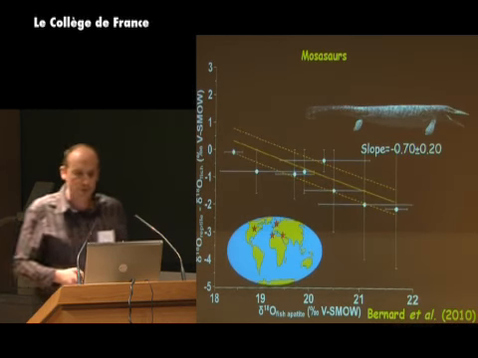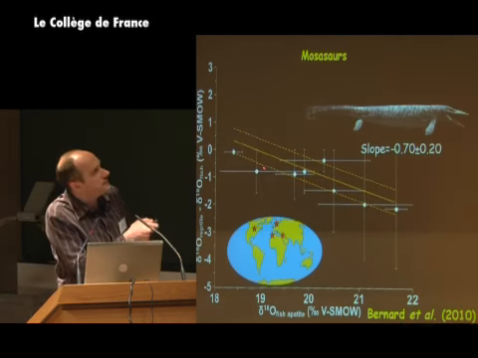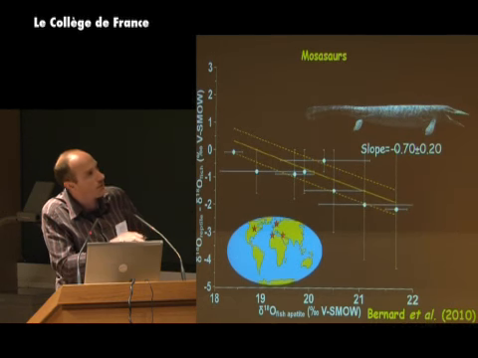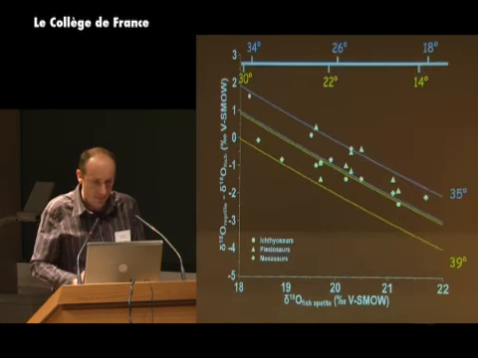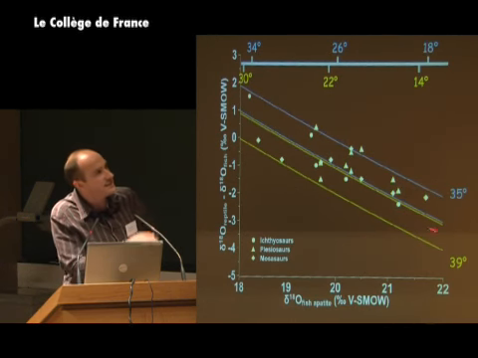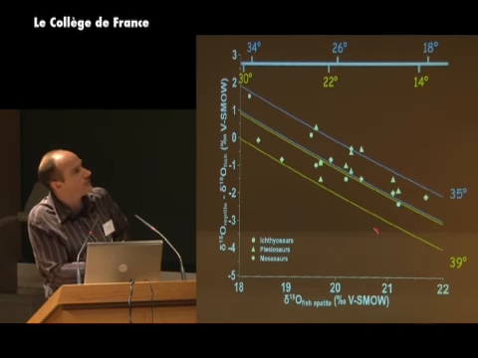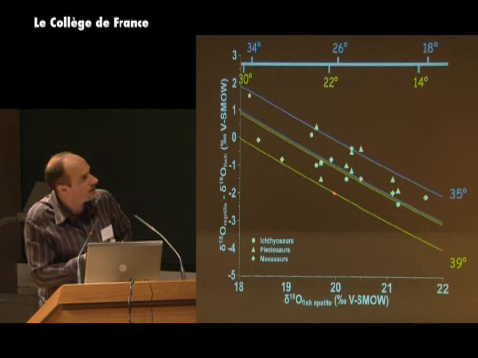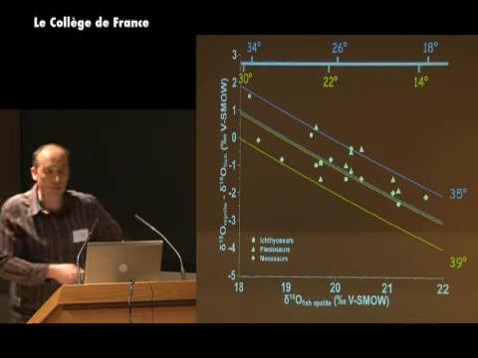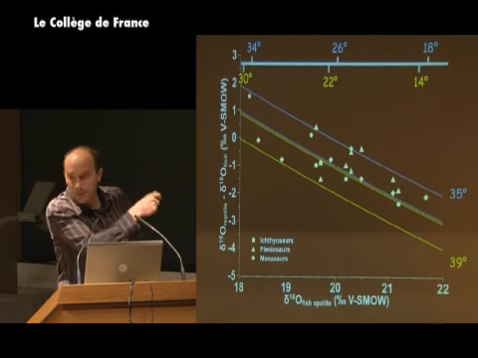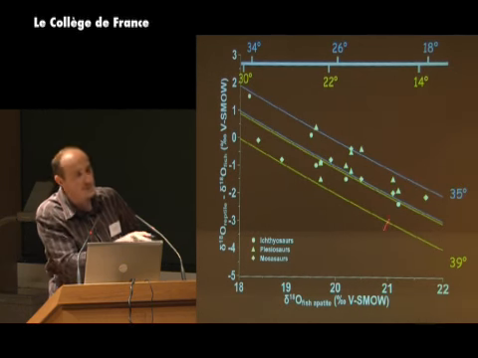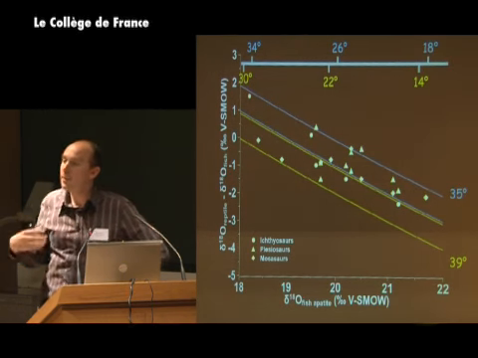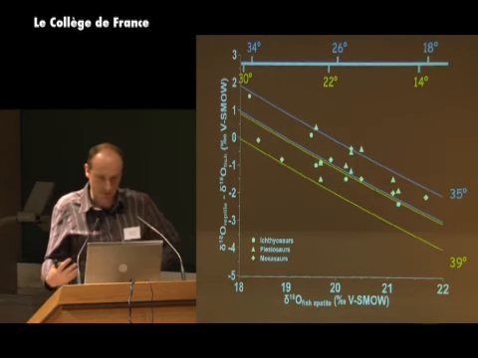And finally, for mosasaur, we have a flattened slope of -0.7. So if we put all this data together in this framework, what we see is that they all fit within the global -1 slope, and within values expected for warm-blooded marine animals.